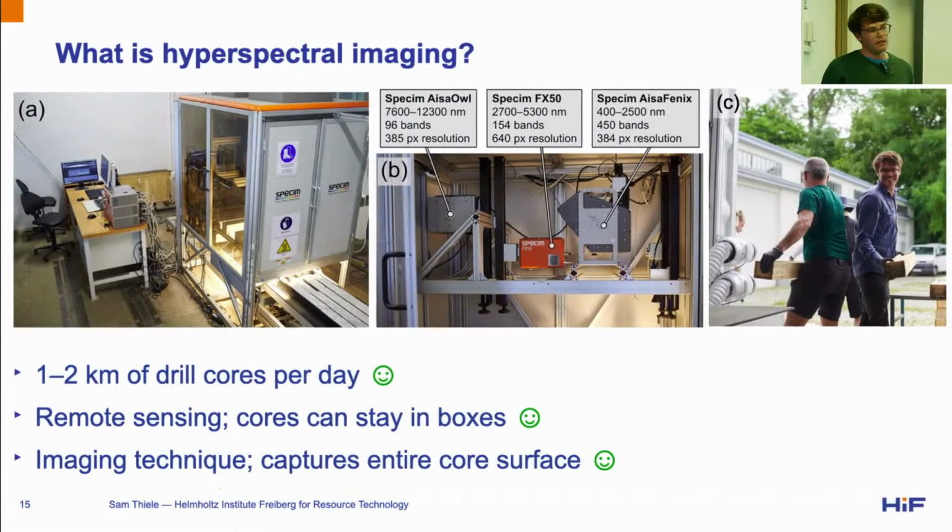You don't need to move it around. You do need to spend a bit of time preparing it, of course, because you want it to look nice and pretty. But you don't need to place it in a separate device and put it through the scanner. And because it's an imaging technique, unlike a line scanning XRF or something, you get an image of the entire core that's exposed. So you get a more representative sample, I guess, than a single line along the core axis.